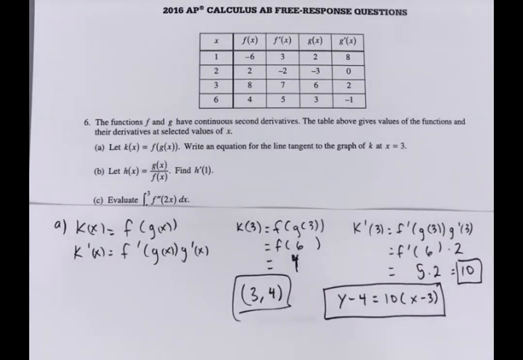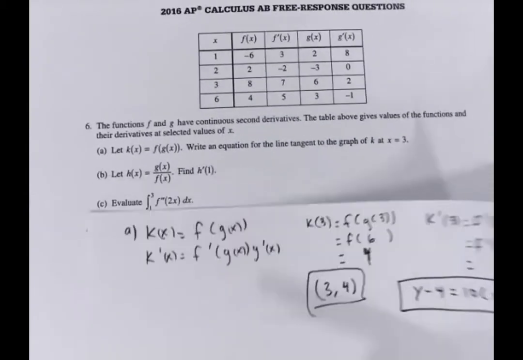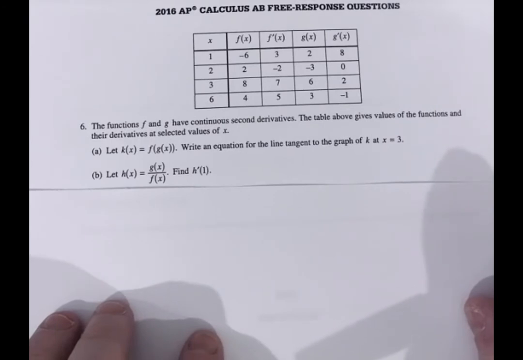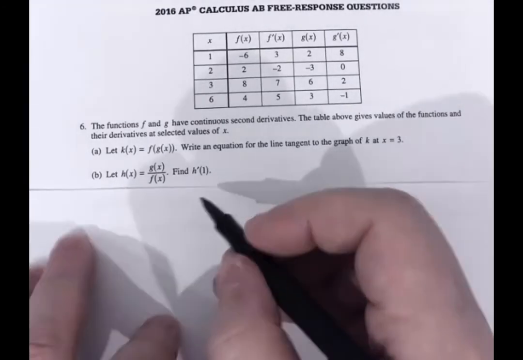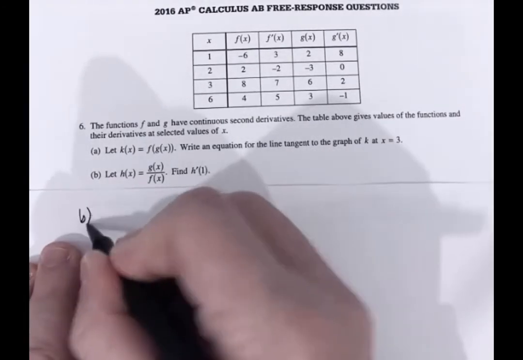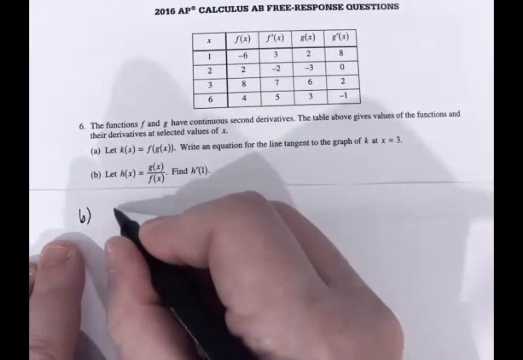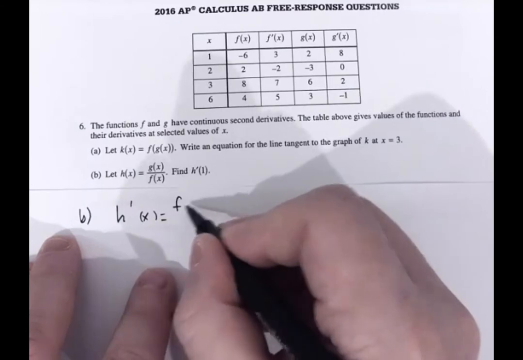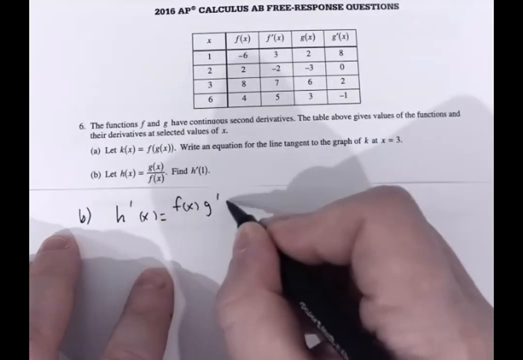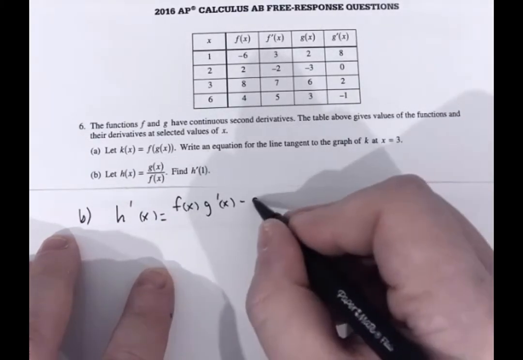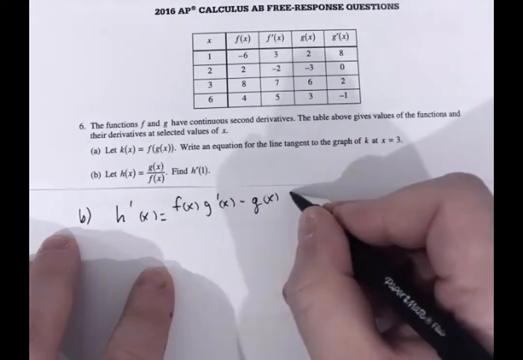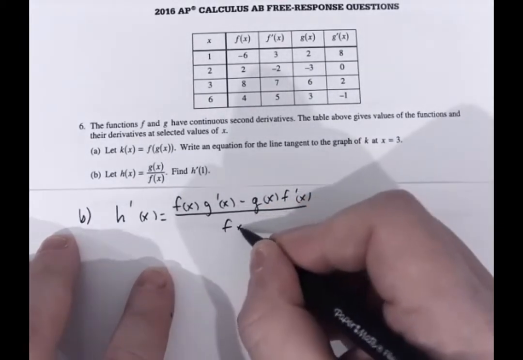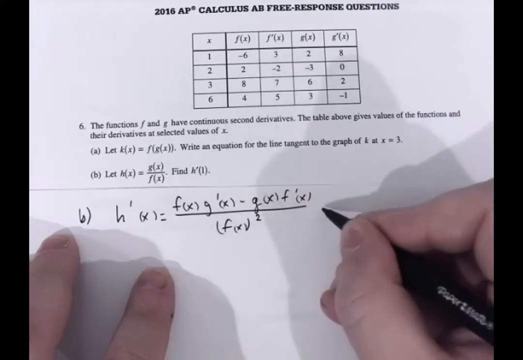Okay, now that we finished part A, let's see what part B wants us to do. Part B says that h is equal to this particular quotient, and they want h prime of 1. If h of x equals the quotient, then h prime of x is going to be a quotient rule: low d high minus high d low, all over low squared, which is f of x squared.